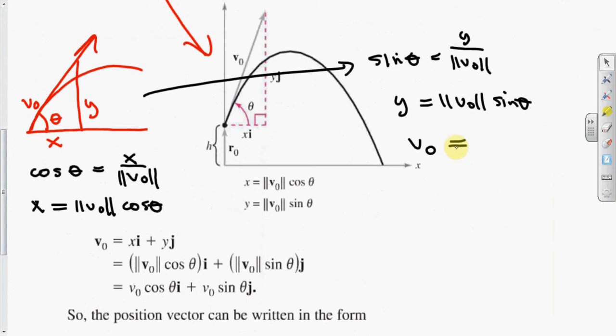And so here we said that this velocity is equal to this movement of x also plus the movement of y.